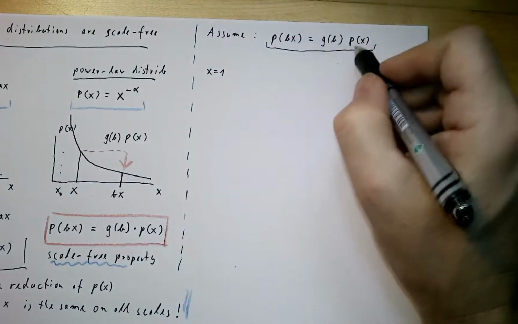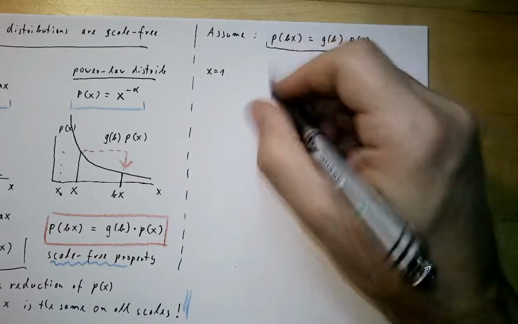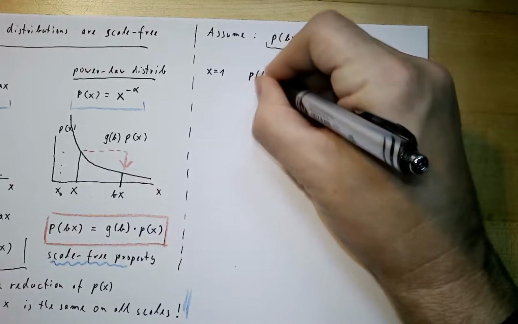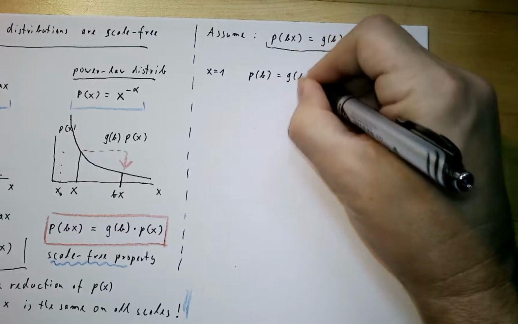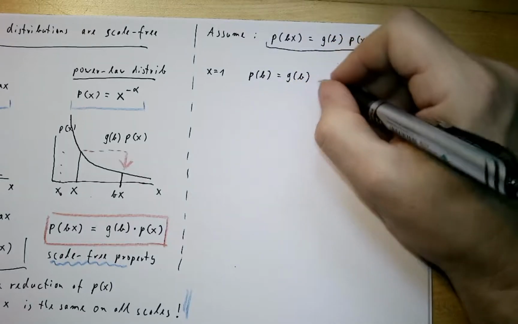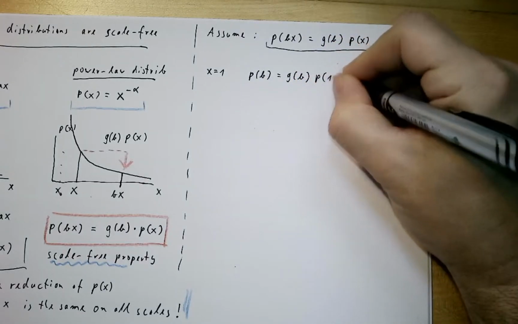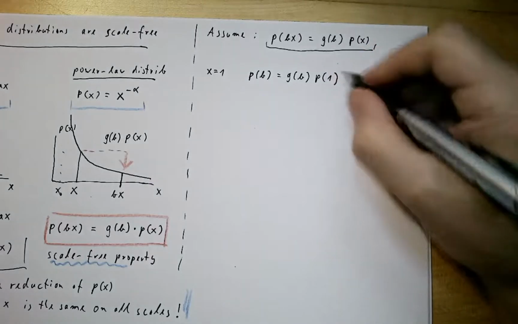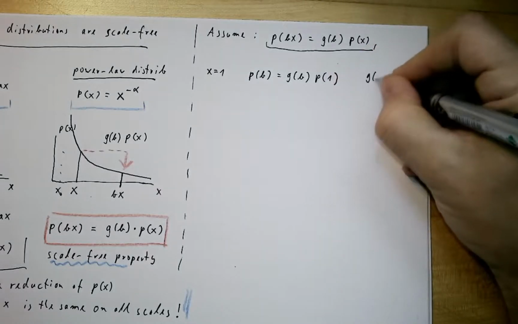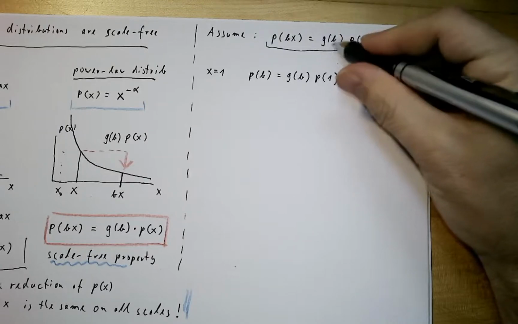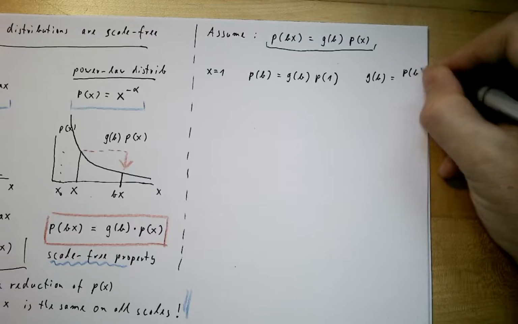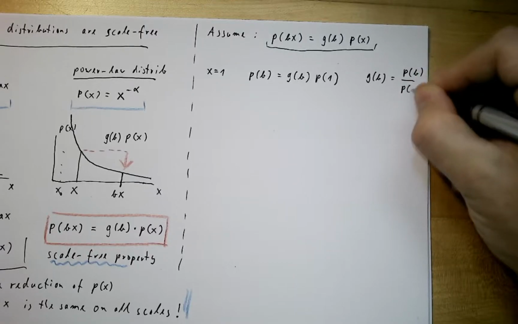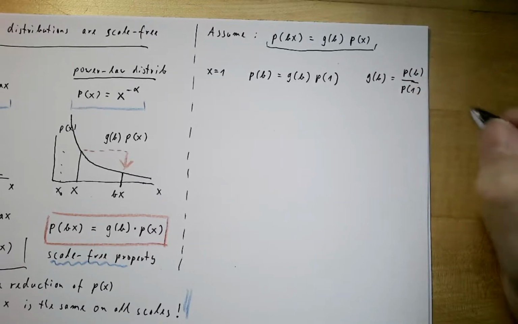And this should also of course hold for the value x equal 1. And then we know p of b equals g of b times p of 1. Or in another way, we can calculate this function g of b equals our distribution at value b divided by our distribution at value 1.